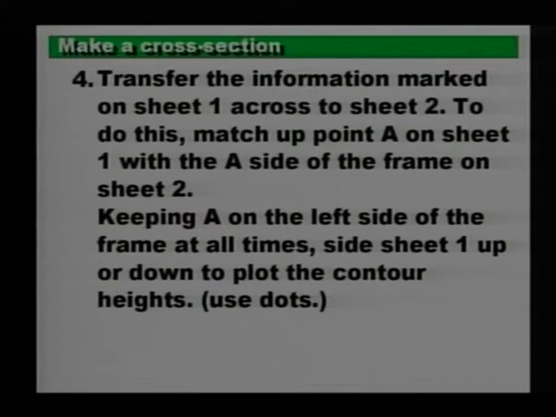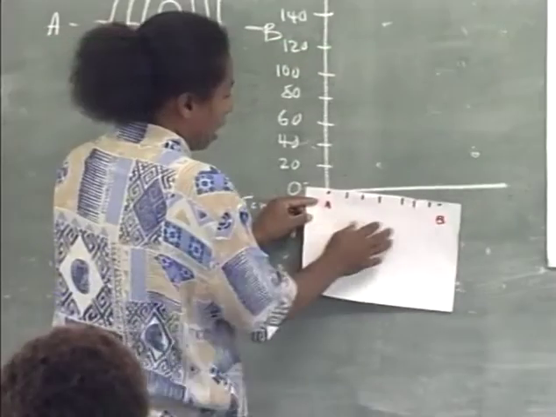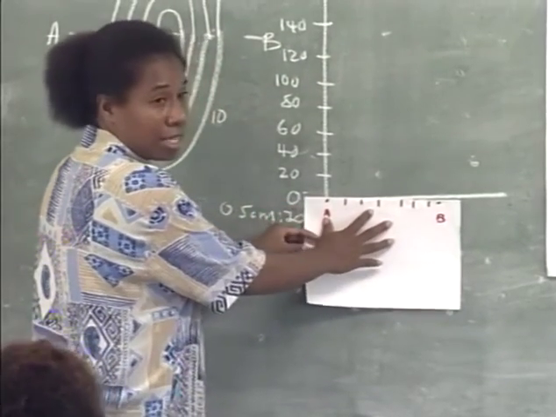Okay, step number 4 now. We are going to transfer the information we have on our piece of paper onto our framework. When we are transferring the information, it is important that we keep the letter A along the vertical axis.